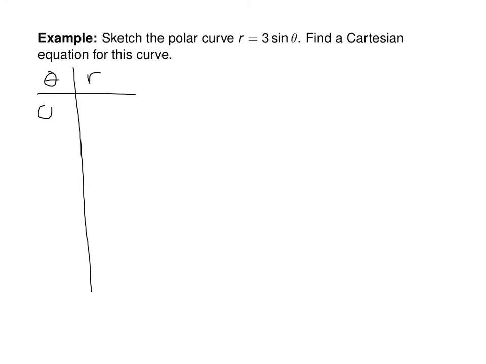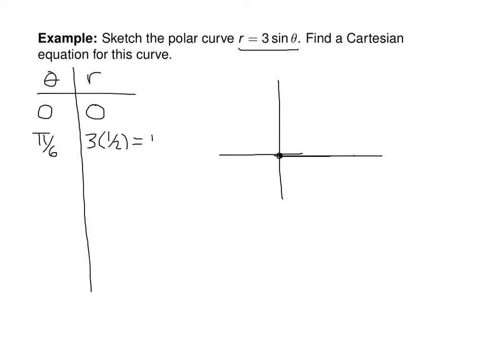So first, if we input 0 for theta, sine of 0 is 0, so my r is 0. So this curve, if this is my O, will start there at the origin. At pi over 6, sine of pi over 6 is 1/2, so we have 3 times 1/2, which is 1.5. So at an angle of pi over 6, it's about 1.5.